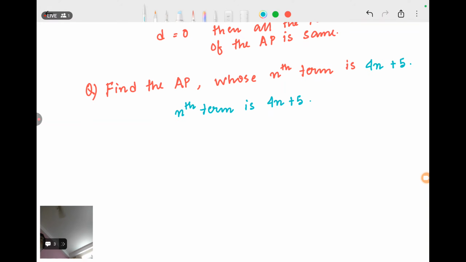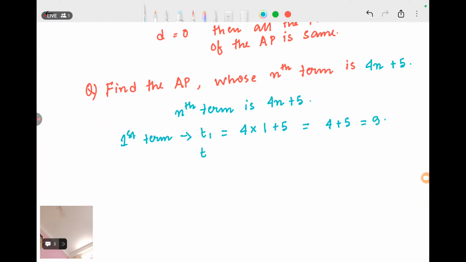Now we will find the first term. What will be the first term? That is t1 is equal to 4 into 1 plus 5 is equal to 4 plus 5 is equal to 9.